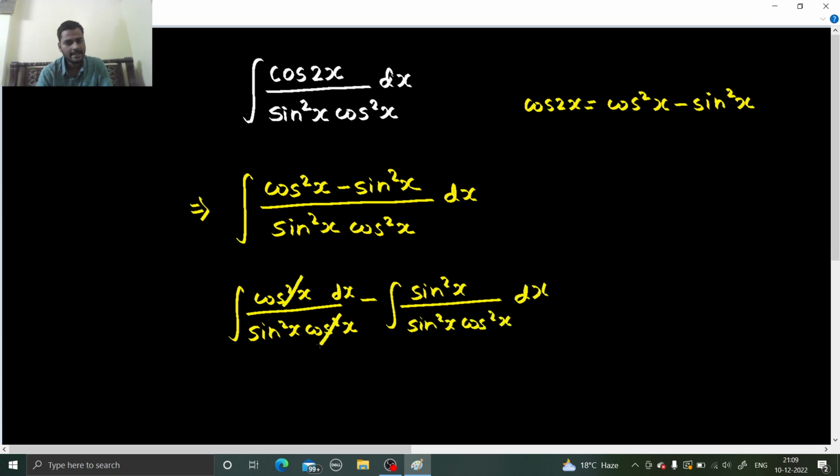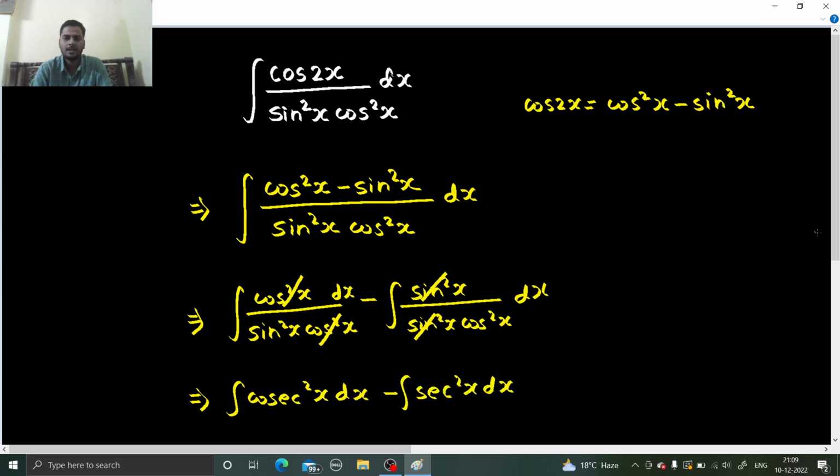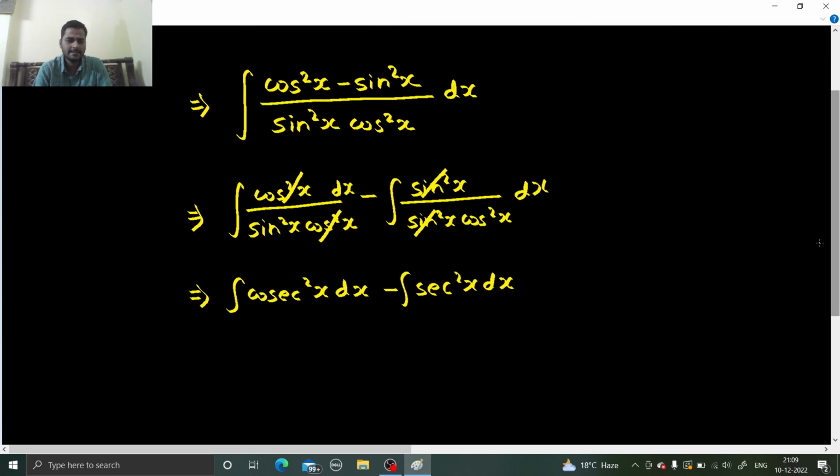So this gets cancelled, you are left with 1 by sin square x, which is nothing but cosec²x, and you are getting sec²x. Integral of cosec²x is nothing but minus of cot x, and that of sec²x is tan x plus a constant c. That's how simple it was.